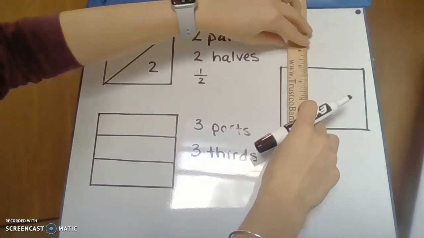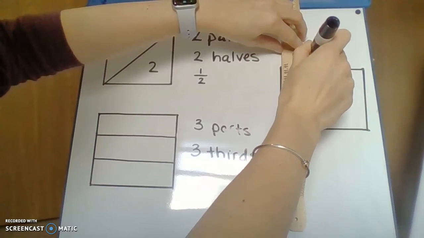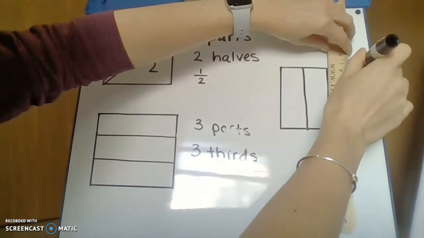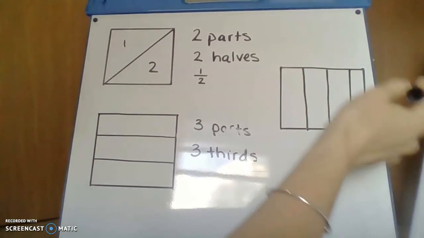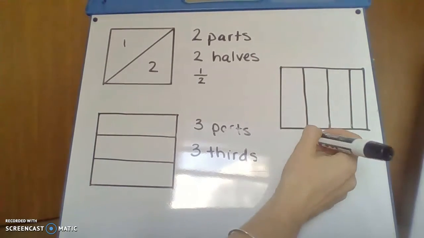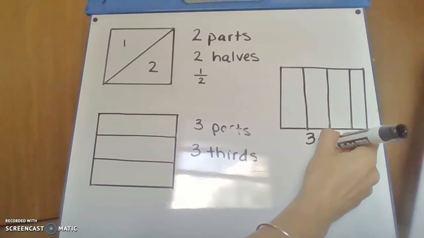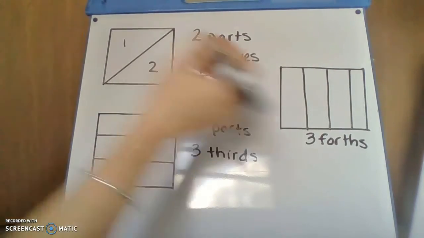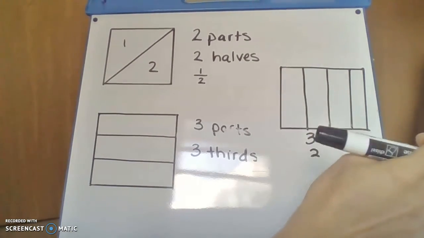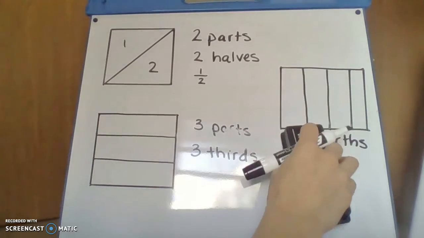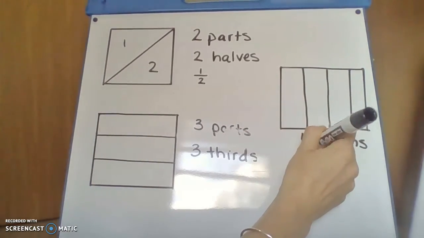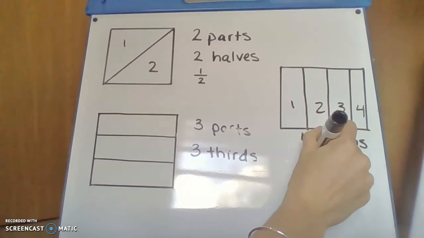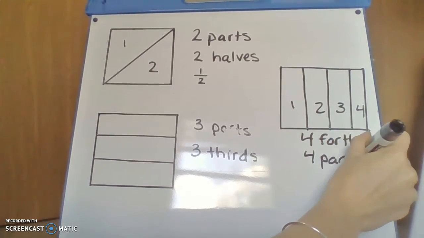So maybe you do it this way. 1, 2, 3, 4. So this would be 4 fourths. It has 1, 2, 3, 4 parts. So it's 4 fourths or 4 parts. Equal parts.